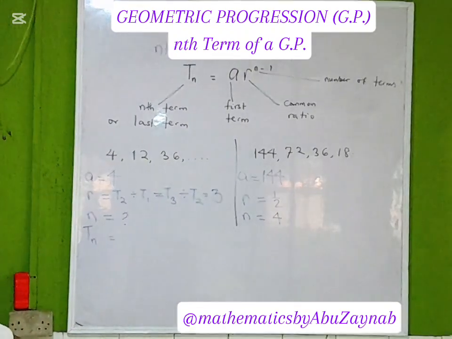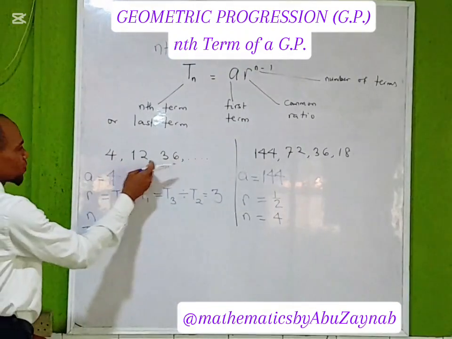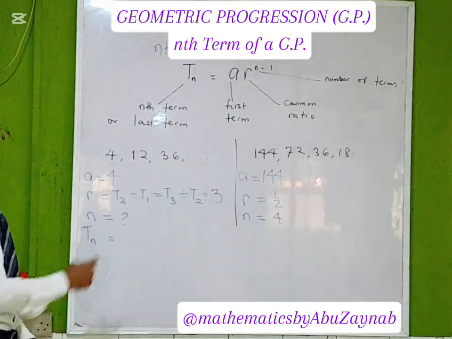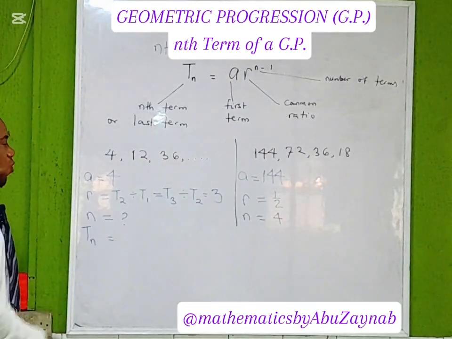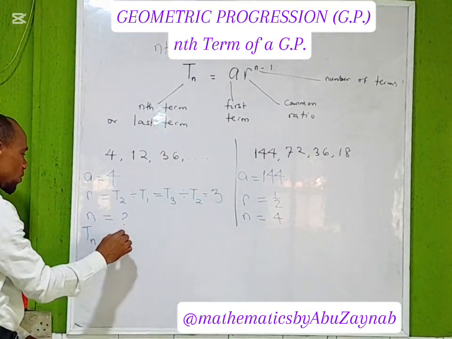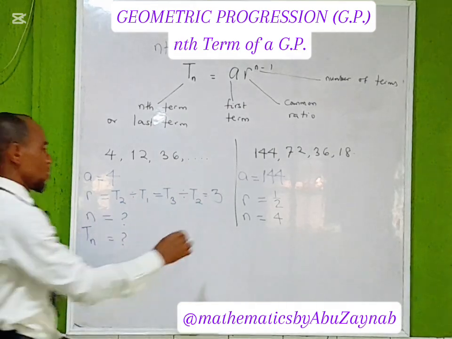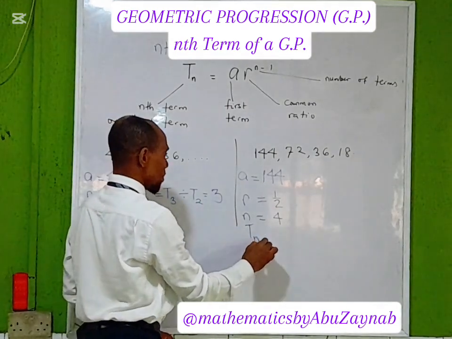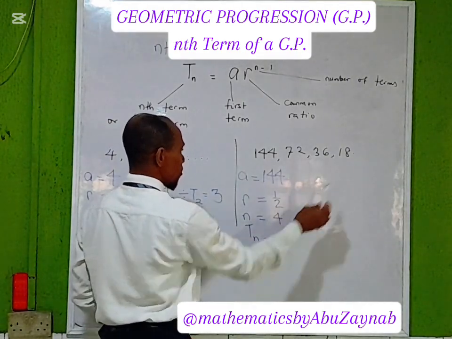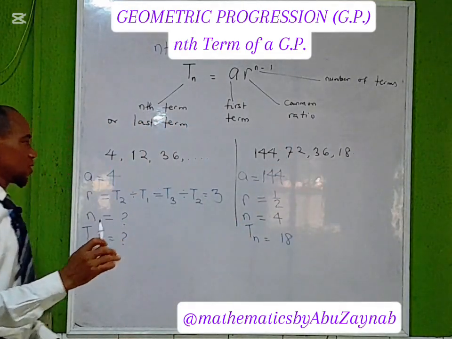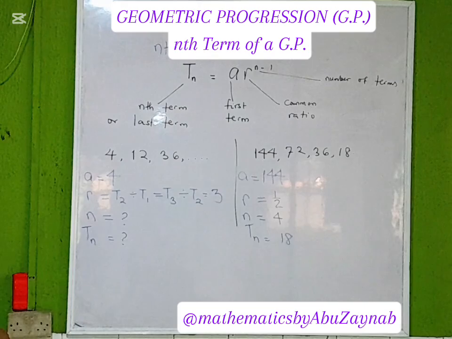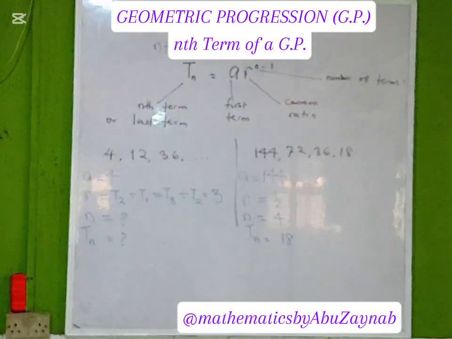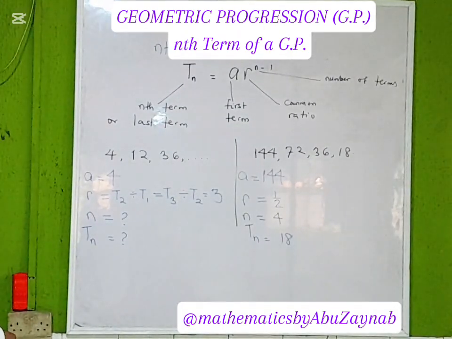The last term or end term. So again here, we don't have the last term because we don't know for certain what the last term is going to be. So we also have the question mark. Whereas here, our last term is obviously 18 because there's a full stop. That's the last. So these are the explanations for the various parameters we have in the formula for the nth term of a GP, which I believe we found quite straightforward.